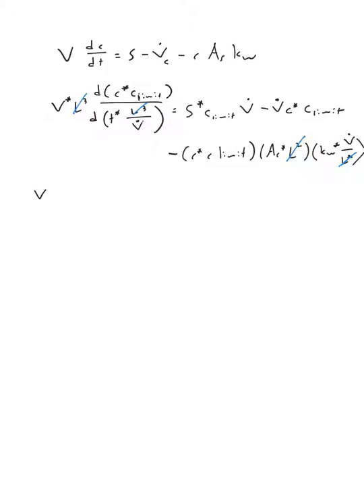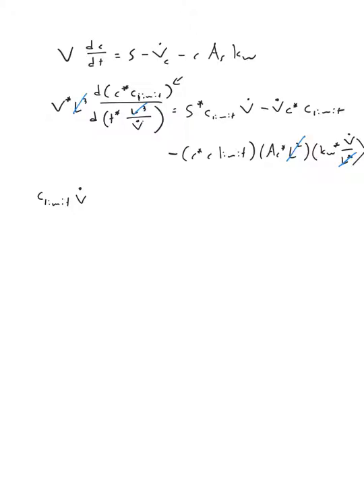We get, and I'm going to pull all of the constants to the front in this case. So we get C limit that I am pulling out of the top right there times V dot.